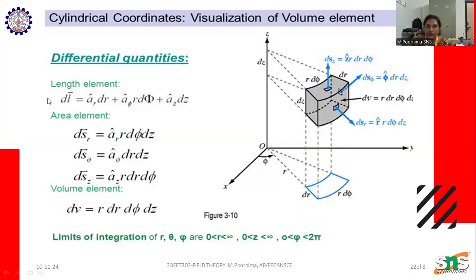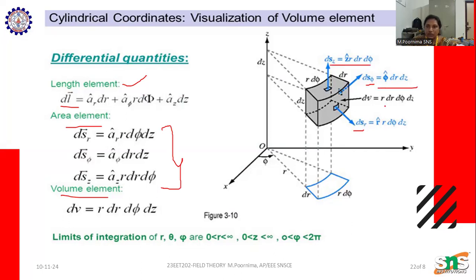Next are the differential quantities. What are the quantities we have? They are the differential length, the differential area, and the differential volume. We have differential areas along the x, y, and z axes, and here instead of x, y, and z we have r, phi, and z.